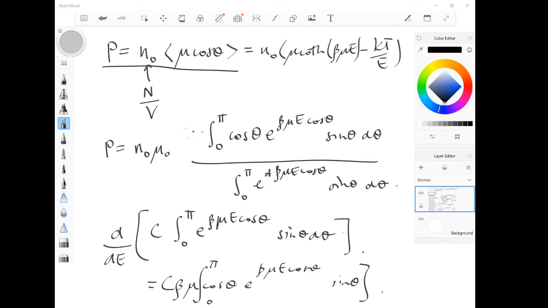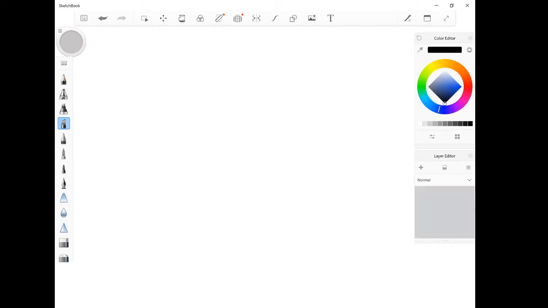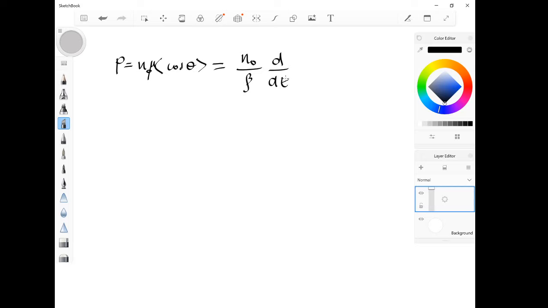So what we can now write is that our polarization, which is N naught mu cos theta, is going to be equal to N naught on beta, differentiate, oh, hold on.